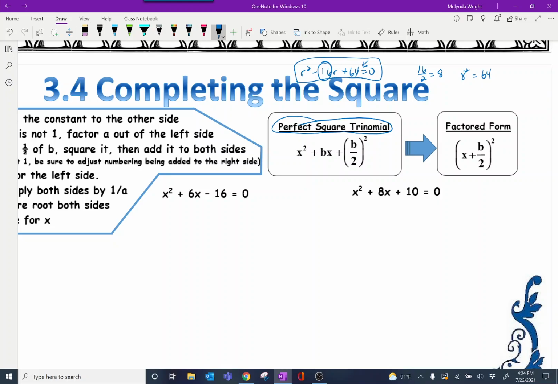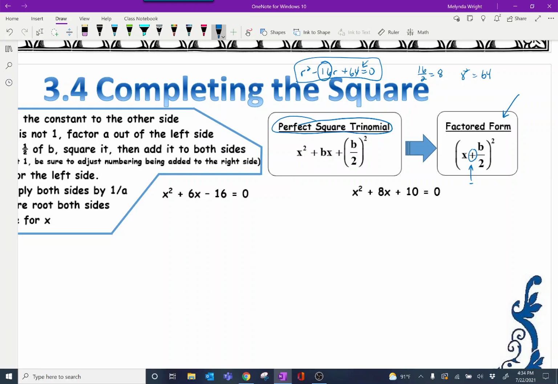So do you have to memorize that pattern? No, it's just kind of cool that that is the pattern and that it would show up. When you have a perfect square trinomial, it's always going to factor exactly like that. This could be a plus or a minus depending on which scenario you have, but it's going to be x plus or minus b over 2, and that whole thing squared.